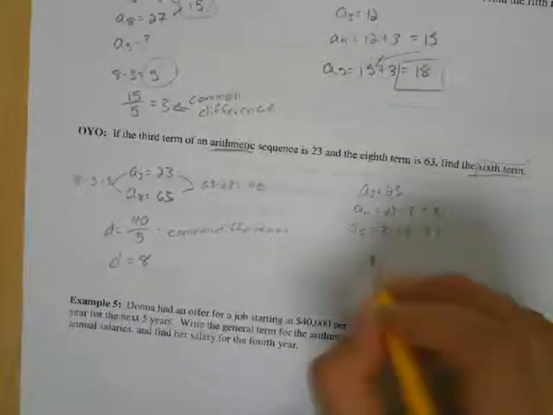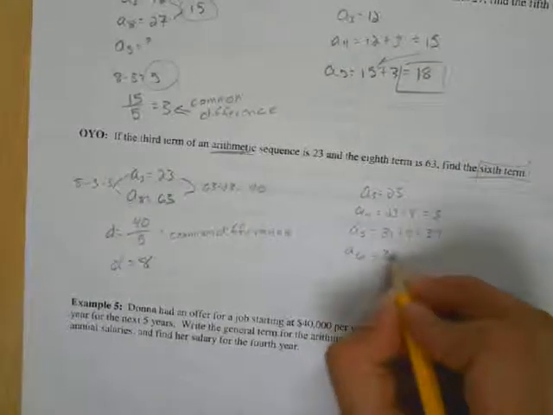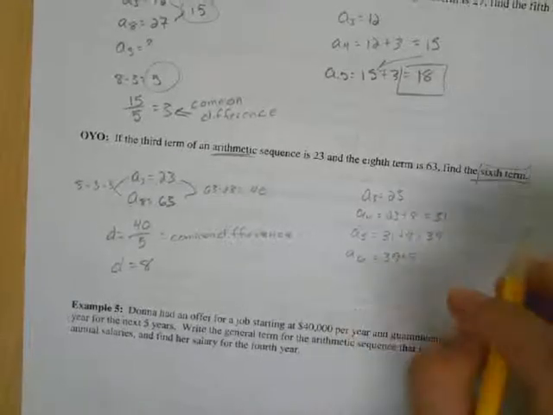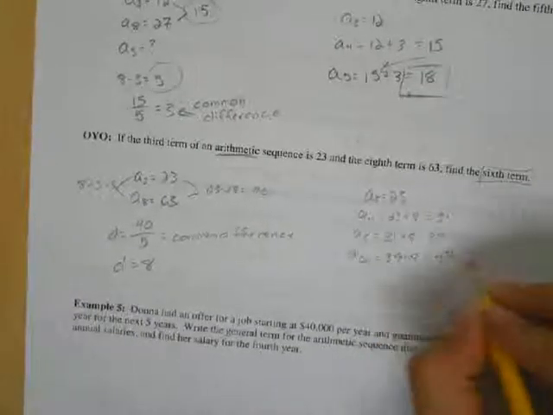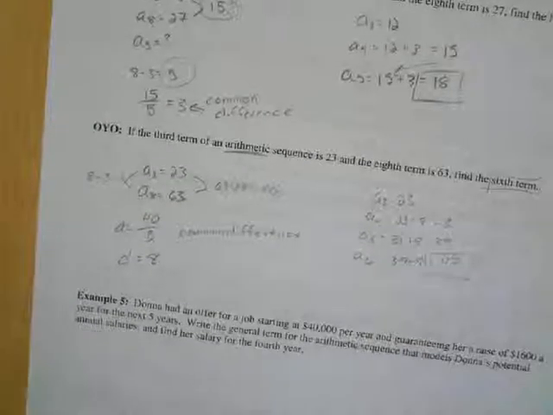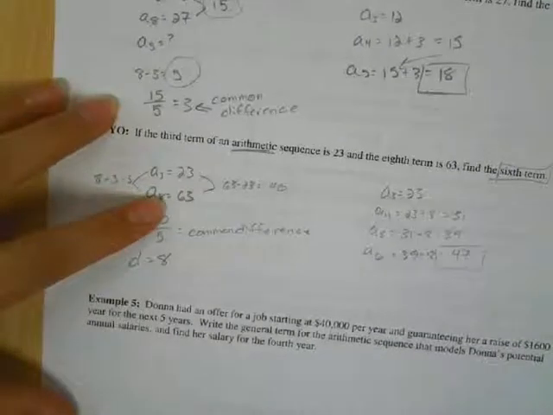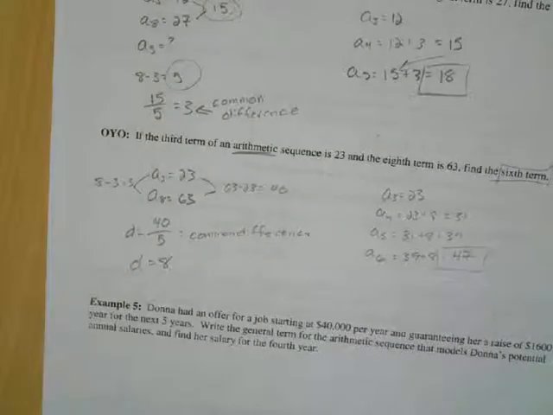And that makes a sub 6 39 plus 8, which is going to be 47. So a sub 6 is equal to 47. That's the 6th term. That's what we were looking for. I could have also gone from 63 and subtracted 8 and subtracted 8 to get down to the 6th term. Either way works. Doesn't matter to me which way you choose to do it.